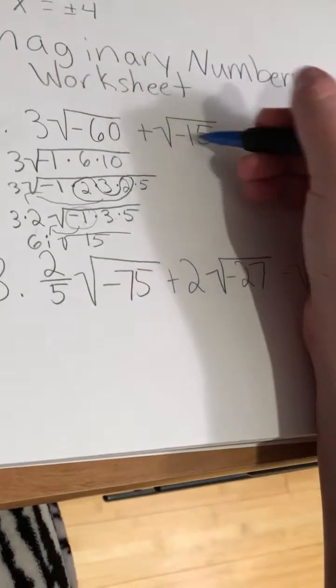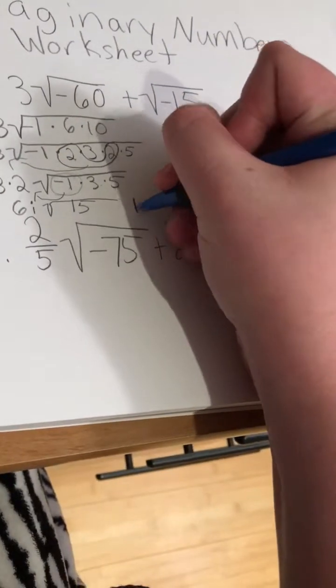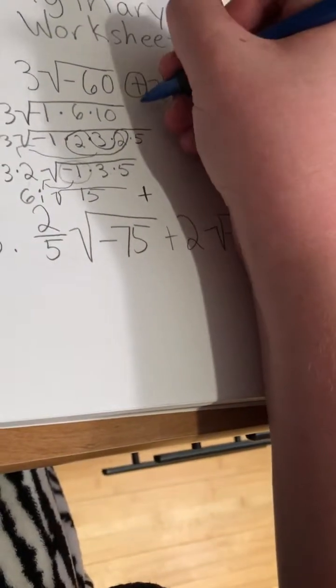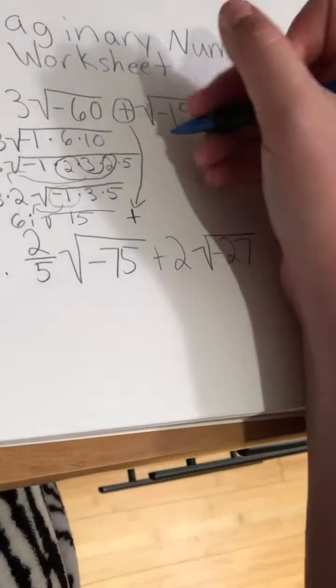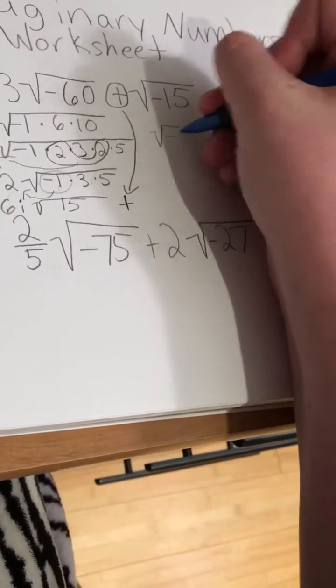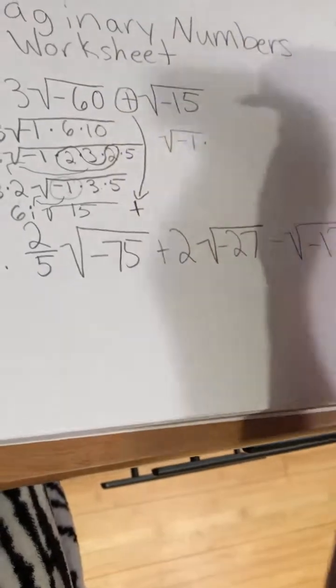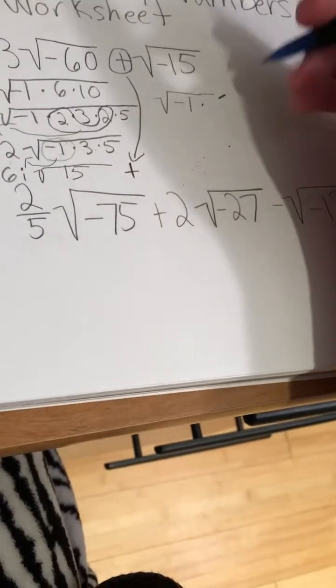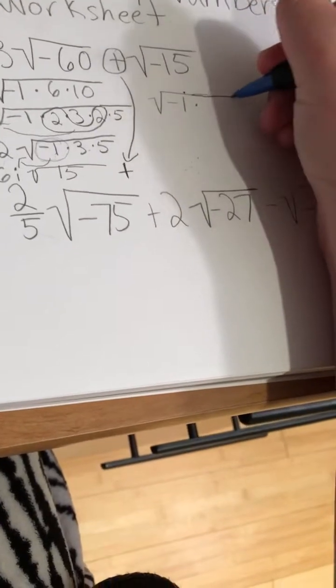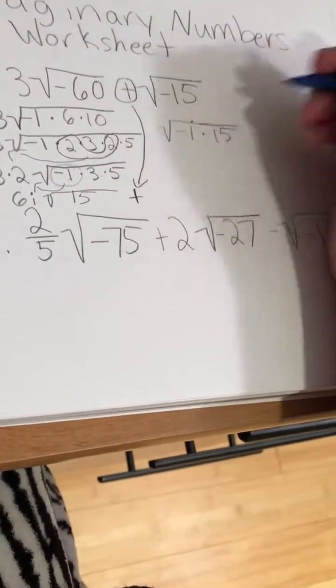Now with the negative 15, I have addition in the middle. The addition does not change. For this one, I have the square root of negative 1 times 15.